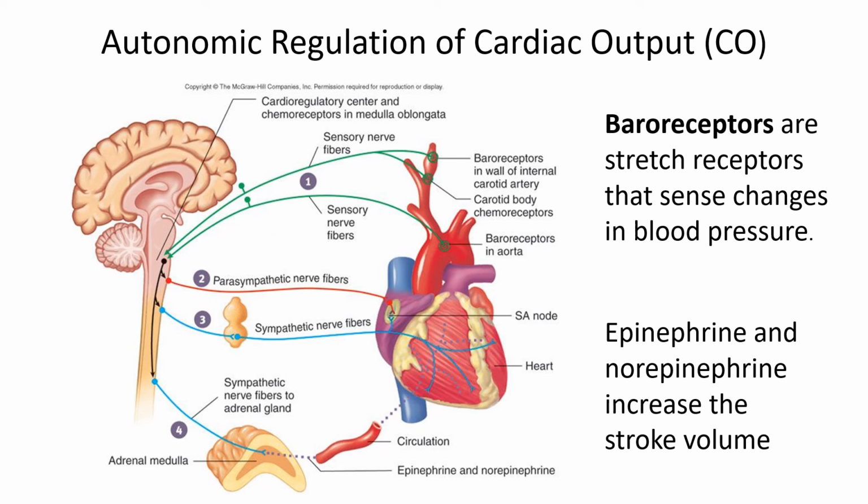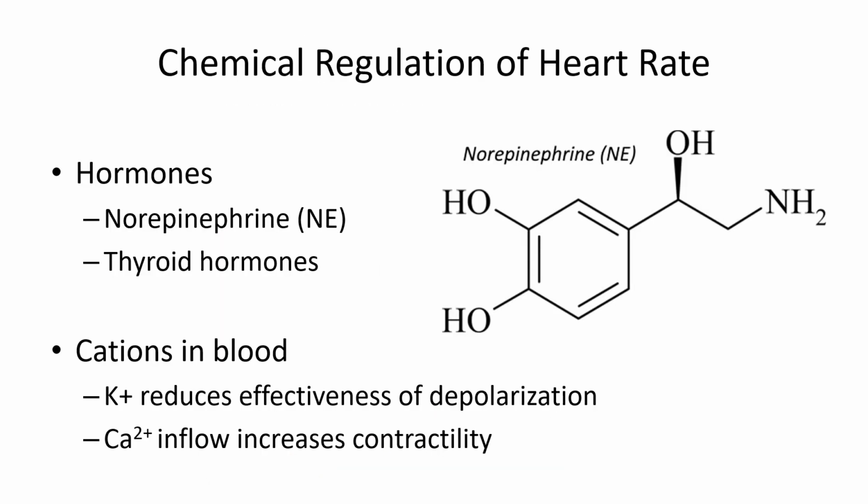The medulla oblongata can also influence the adrenal gland and cause it to release epinephrine and norepinephrine into the blood. Norepinephrine and epinephrine can be sensed by receptors on the cardiac muscle cells. And as we talked about before, what these hormones do is they increase contractility of the muscle cells and thereby increase the stroke volume.